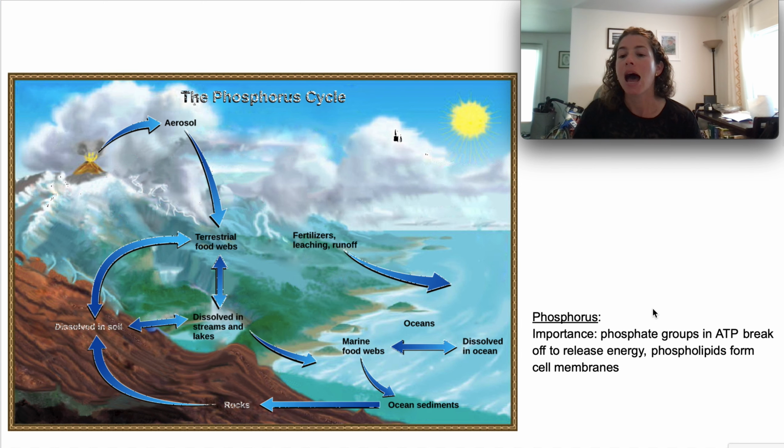It's a membrane. And then also phosphate groups are used in ATP. ATP is adenosine triphosphate. It's an adenosine with 3 phosphate groups, and when that phosphate group is popped off, it releases energy. So phosphate groups are how it's cell energy. It's how cells work.